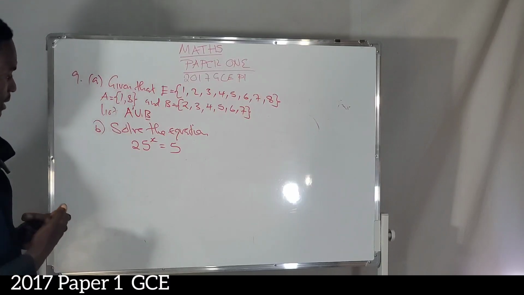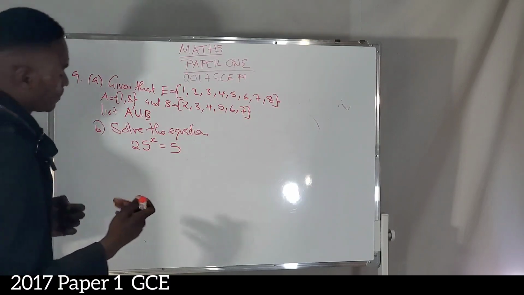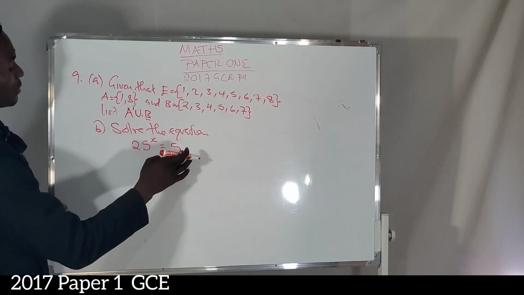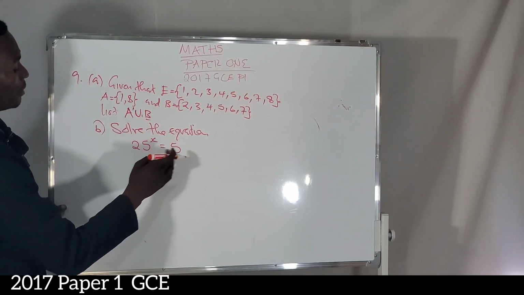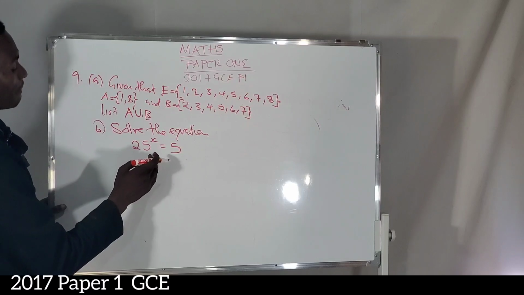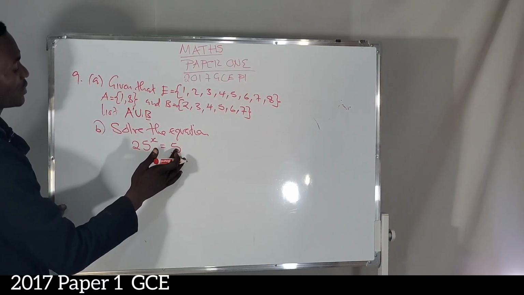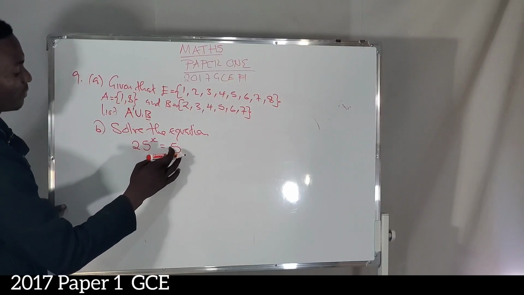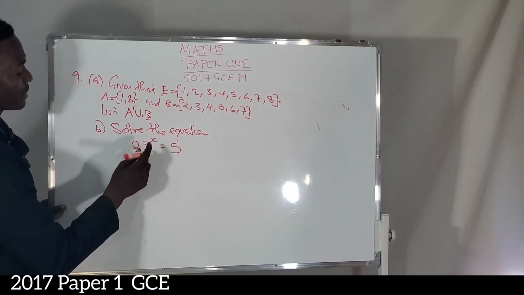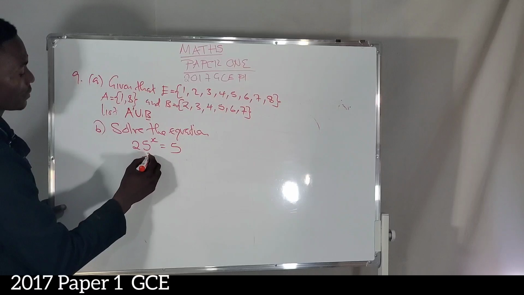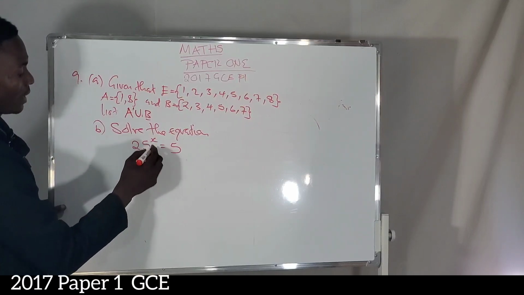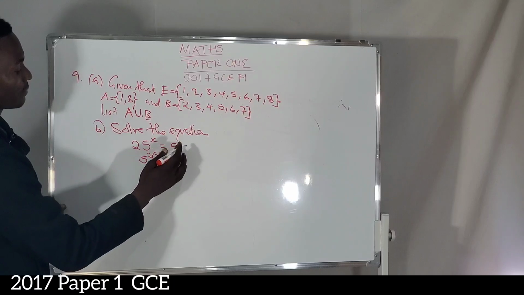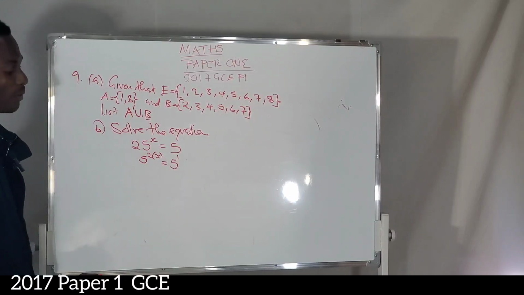What you do is change everything to a common base. Since 5 can't be changed to base 25, but 25 can be changed to base 5: 25 is the same as 5 to the power 2. Then you have times x here, equals 5. This 5 is the same as 5 raised to the power 1.